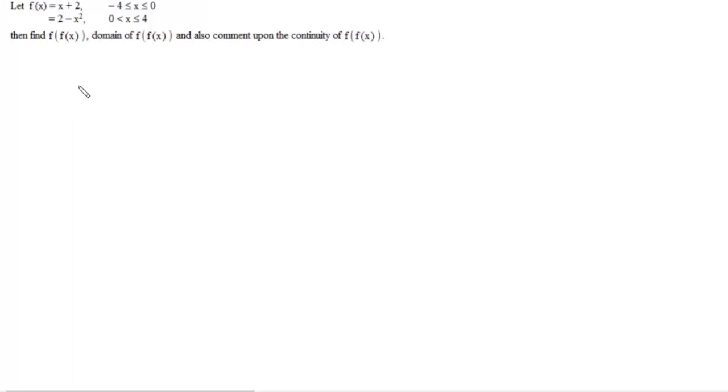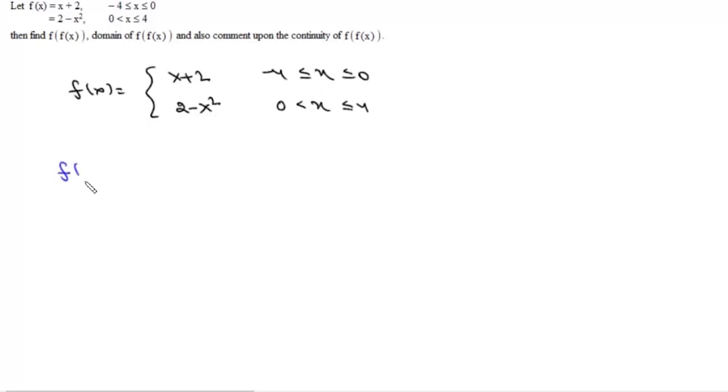Now for the algebraic method, we have this f(x), which is defined as x plus 2 when x lies between minus 4 and 0, and it is 2 minus x square when x lies between 0 and 4. Now we need to find f of f(x).